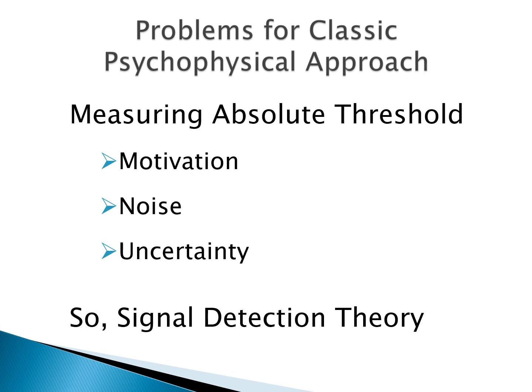And because there is this uncertainty and these differences in motivation and this noise, if we're using these same kinds of methods for measuring an individual now, for hearing tests, we have to realize all of these problems with that kind of classic psychophysical approach. So signal detection theory was introduced, if I remember correctly, in the mid-1940s.